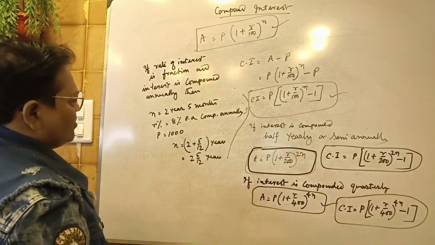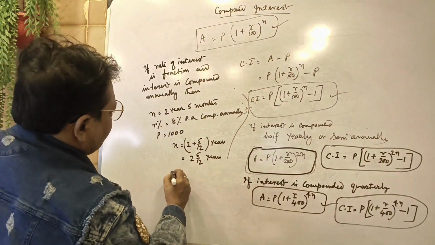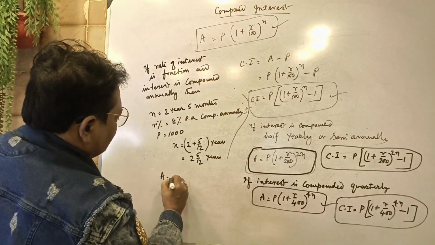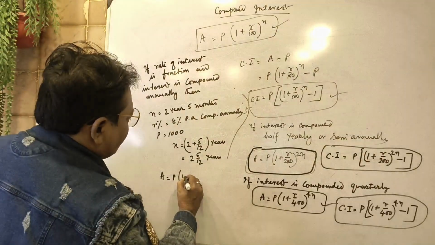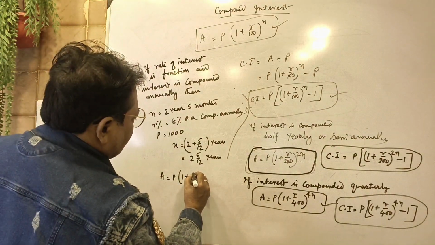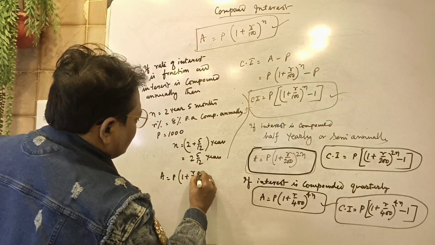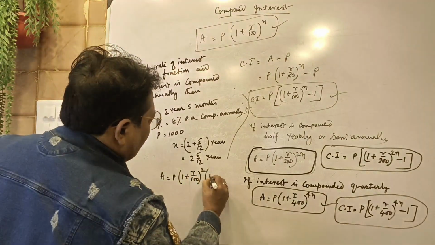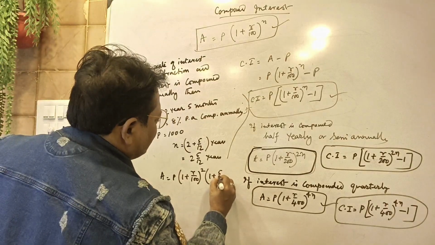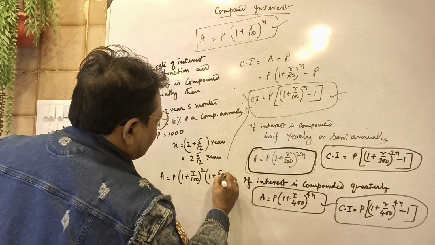Okay. So, the amount will be equal to P into 1 plus R by 100 whole to the power 2, into 1 plus 5 by 12 into R.